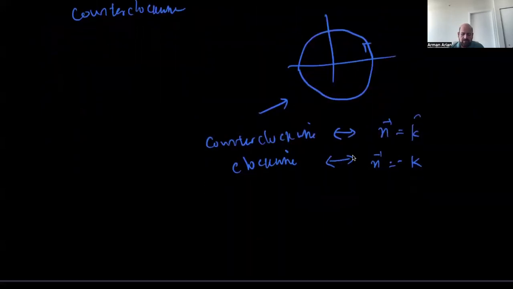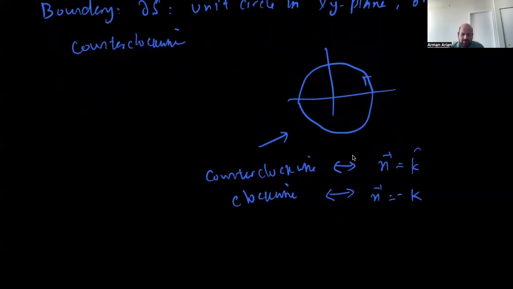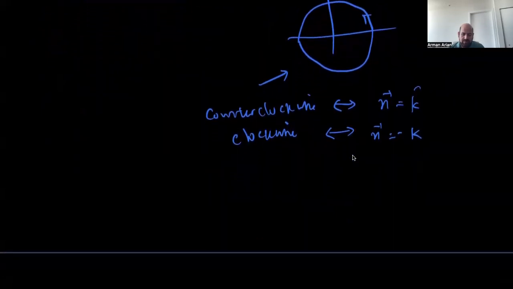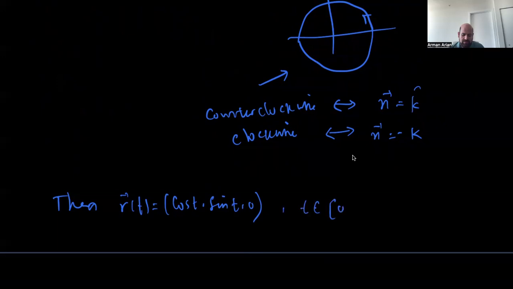So here, let's assume we are covering the boundary counterclockwise. Then we'll have the integral. How can we parameterize? Then r of t will be cos t, sine t, and 0, and t belongs to 0 to 2 pi.